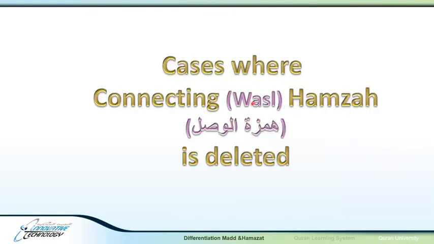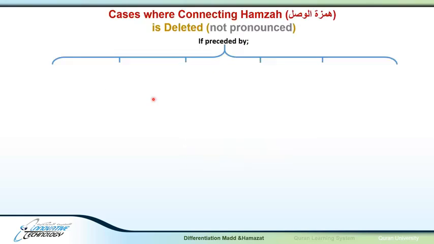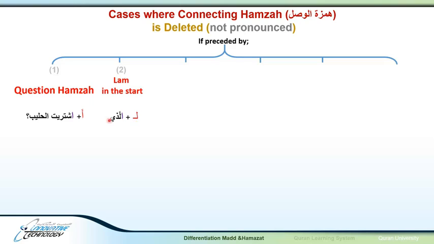connecting Hamza, Hamzatul Wasl, is deleted, where we, in certain situations, do not pronounce Hamzatul Wasl. And that happens when it is preceded by a question Hamza, like in a اشتريت الحليب, meaning did you buy the milk? Another case where Hamzatul Wasl is not pronounced is when it is preceded with a start lam, where sometimes lam is used to start the speech in Arabic.